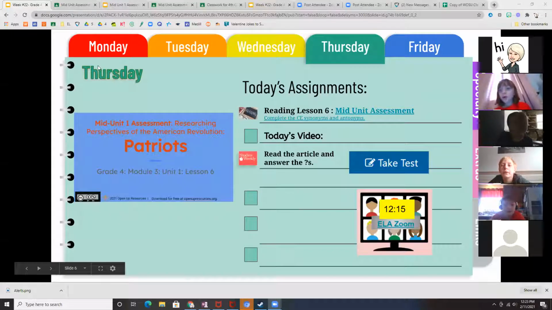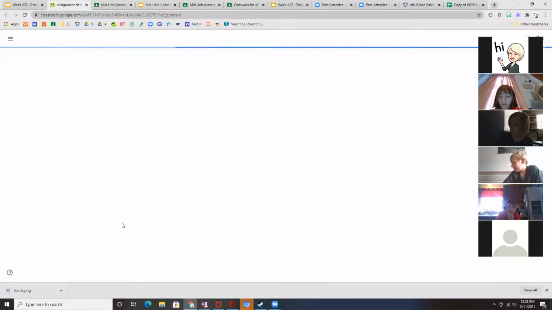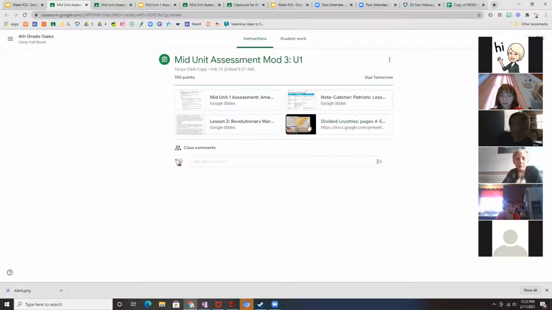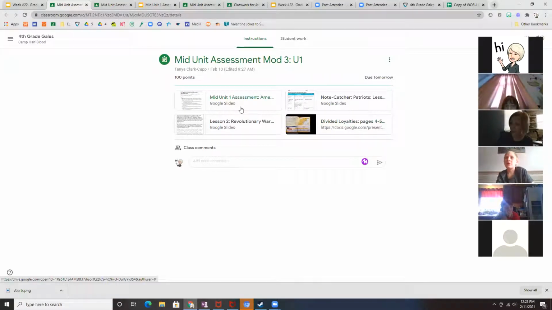I don't know if you knew that. There we go. Okay, so in the task card, Anderson, hit mid-unit assessment. You're going to have to look at this one right here that says Divided Loyalties, pages 4 and 5, because I just read it out loud to everybody else. And you're going to have to read that to answer the first 2 questions on the mid-unit assessment.